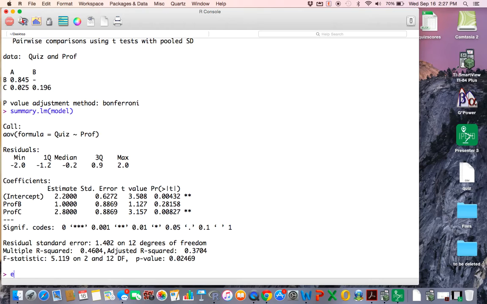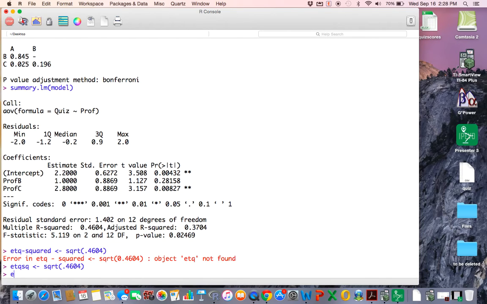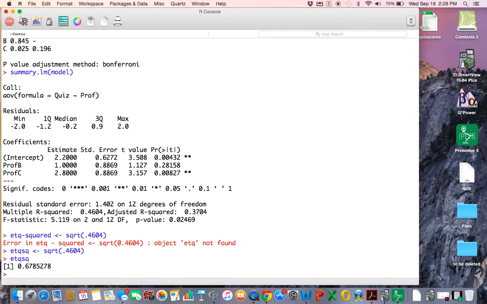So I can find my eta by just taking the square root of 0.4604. So our eta squared is 0.6785.